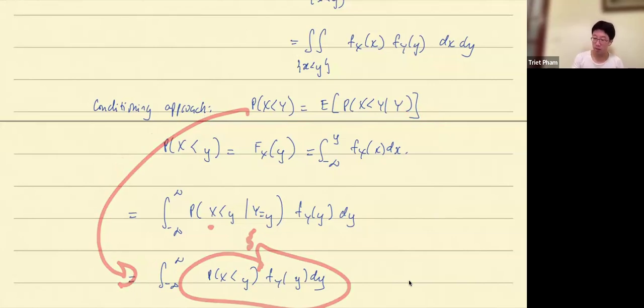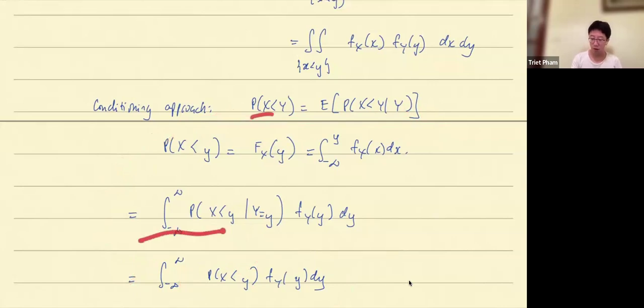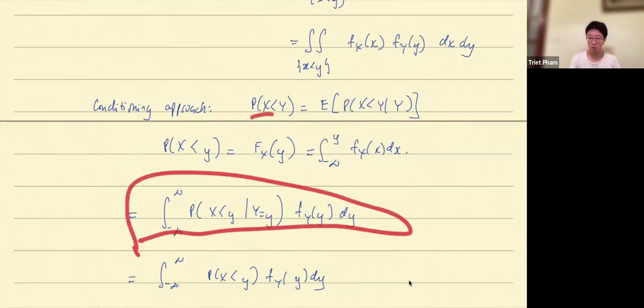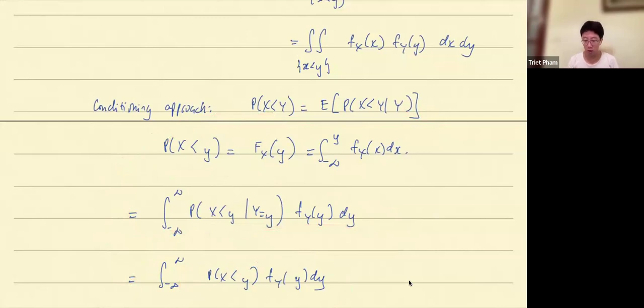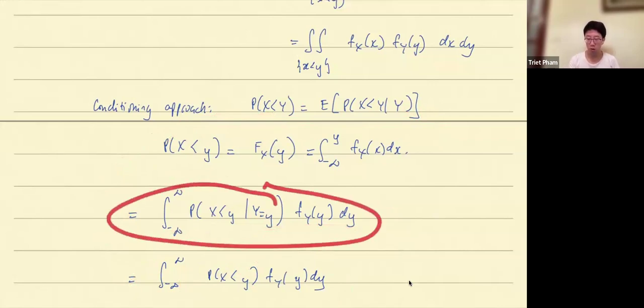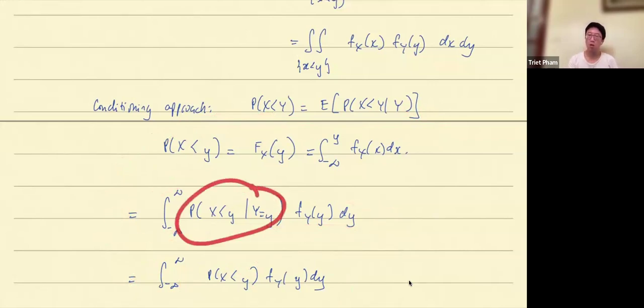Okay? So like I said, this part is universally true. If X and Y are not independent, this is still true. You just have to figure out what this is. But if X and Y are not independent, then this is false. Okay? But here we have a nicer thing.